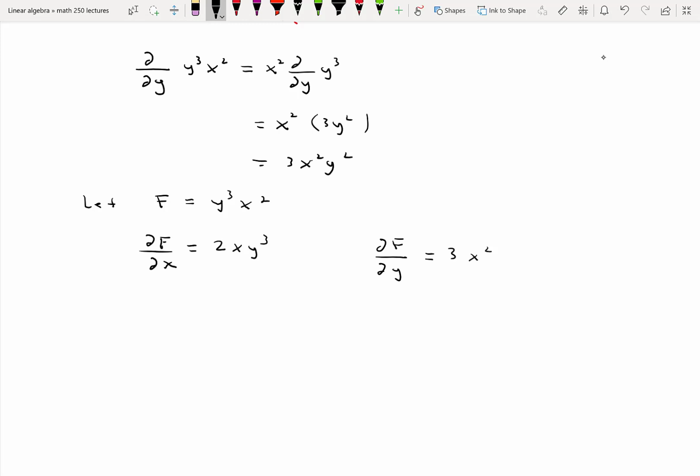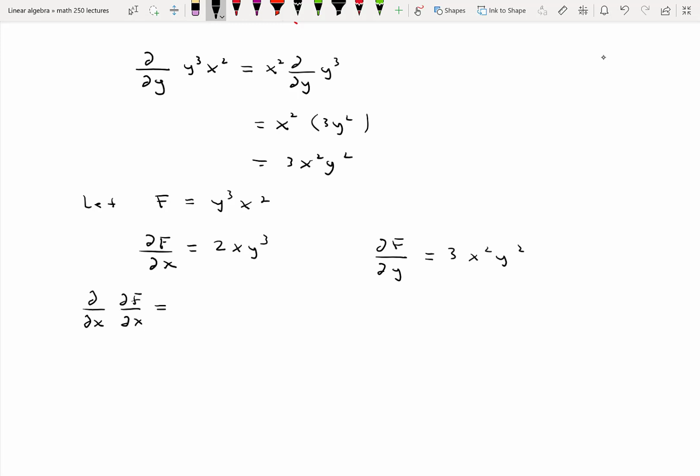We did that. Now the reason I'm doing this again is that we have higher order derivatives. I can take another derivative. I can take the partial with respect to x of partial f partial x.